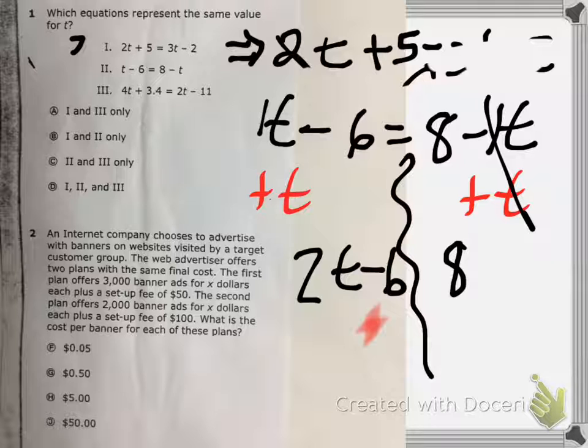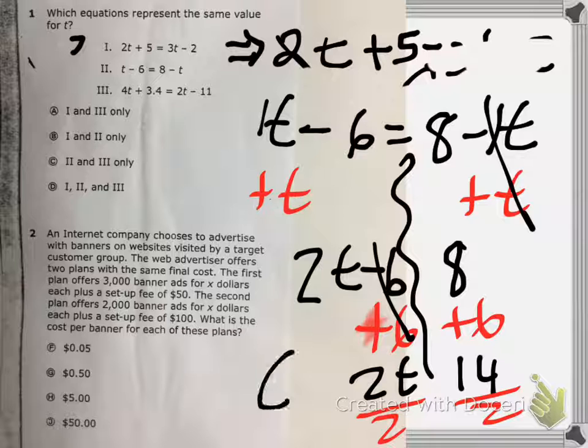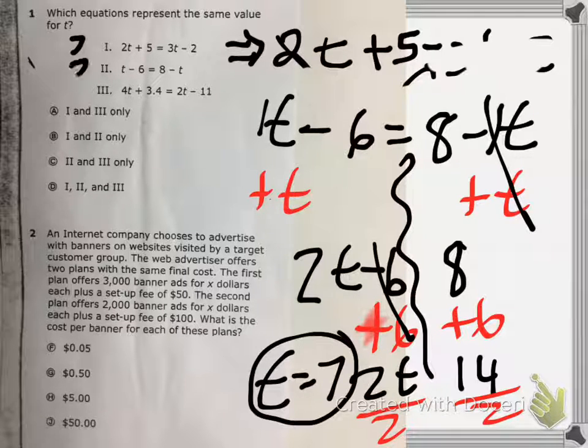So I'm going to go plus 6 to each side. And now when I eliminate, the 6's eliminate, and I get 2t equals 14. And the last thing I'm going to do is divide both sides by 2. And when I do that, I get t equals 7. So for this equation, t is equal to 7.